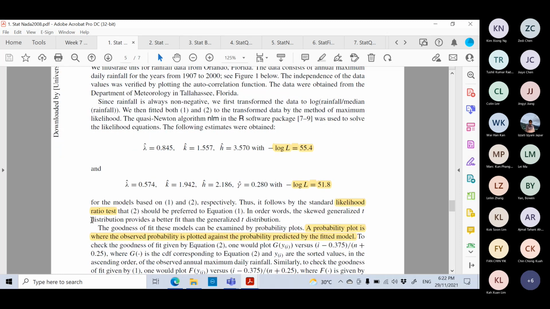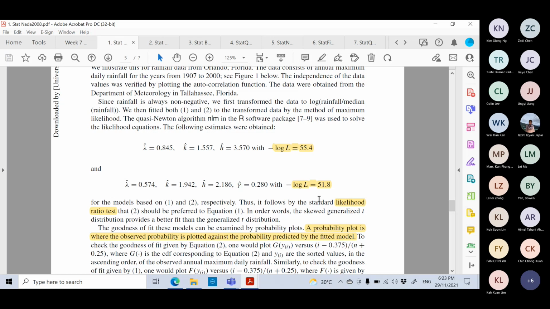I believe those of you who study statistical inference will have this log likelihood ratio test inside. This test is not proposed by the authors, but they use it to support their result, that the distribution they consider performs better.